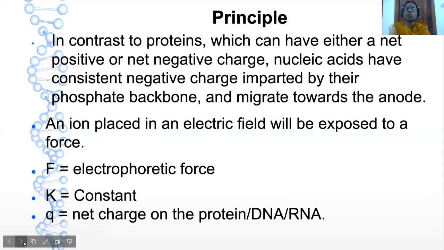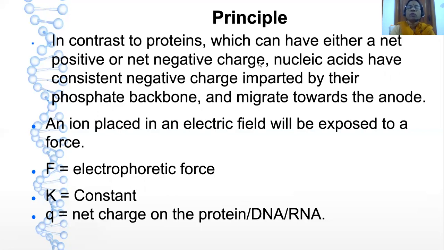Any molecule will tend to be attracted towards the opposite electrode. Therefore, we need to impart a uniform charge to the protein, because we want them to move in one direction. As we go further, we will discuss how we do that.